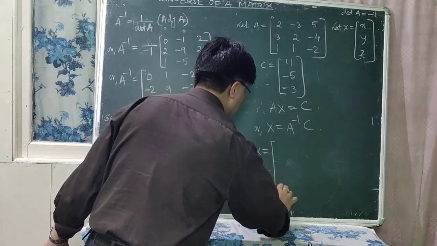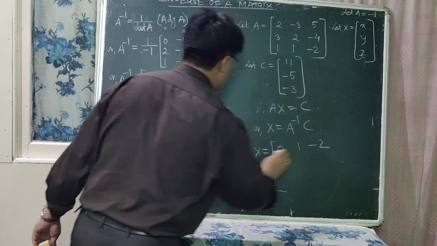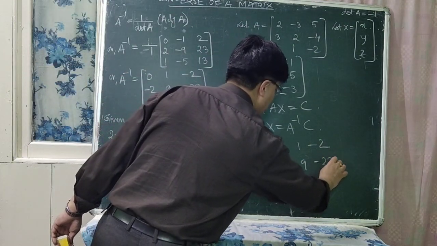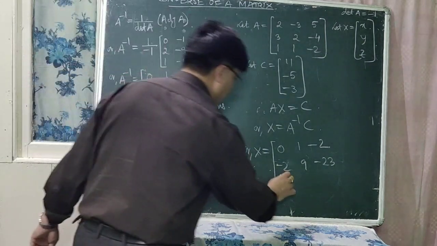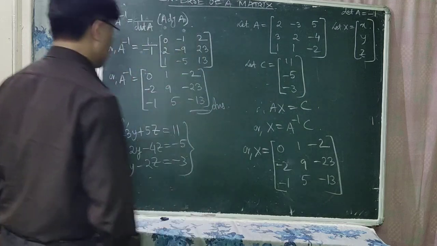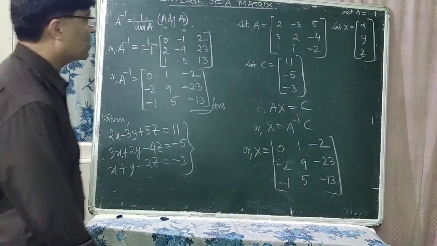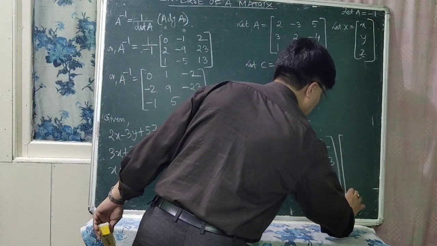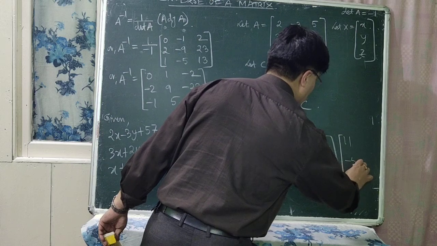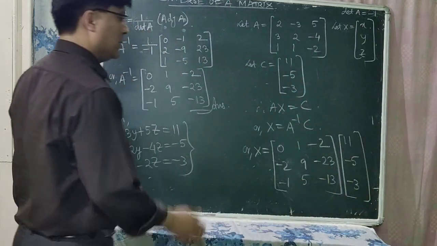Let us write it: 0, 1, minus 2, then minus 2, 9, minus 23, next third row, minus 1, 5, minus 13, that is A inverse. Now what is the constant matrix here? That is 11, minus 5, then minus 3, right?